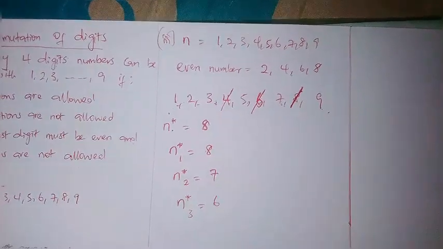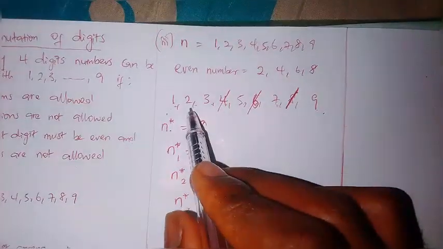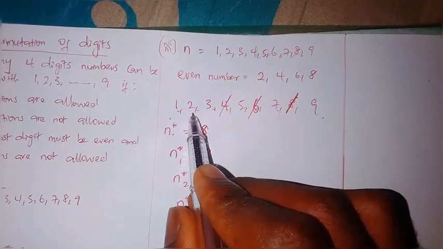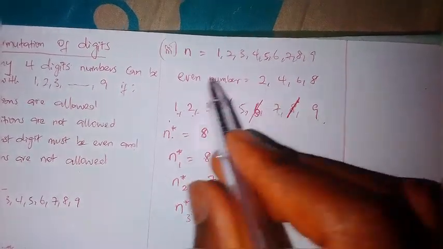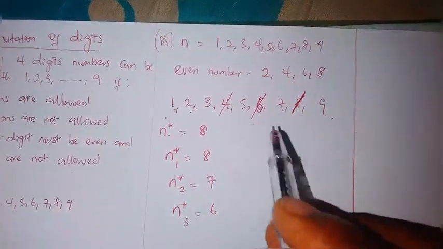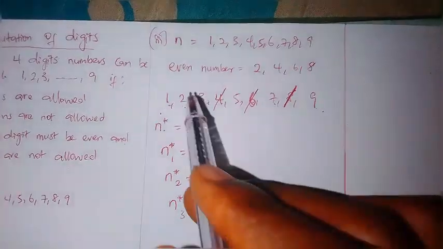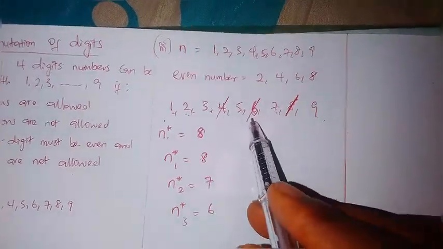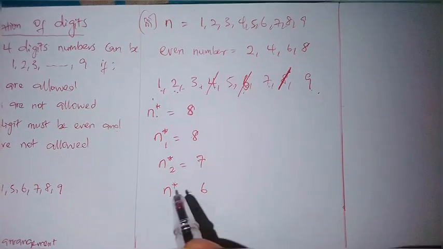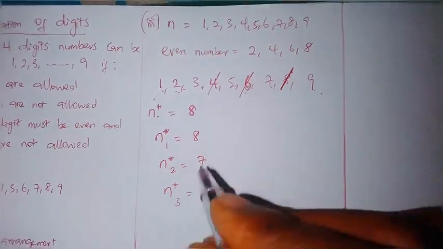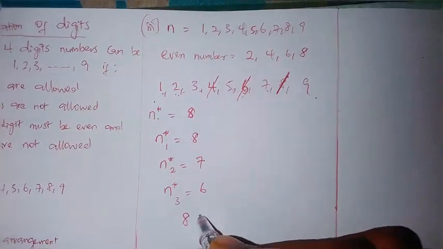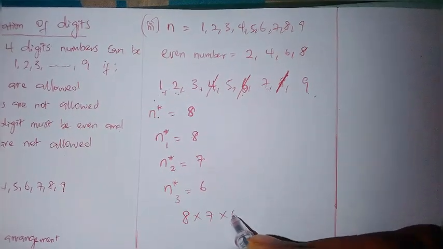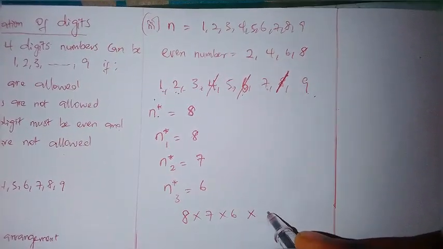So how do we now solve? Very simple. This is the last digit, which is already even. So I don't need to cancel out here again, because after removing all the even digits, I have 2 remaining. If I start from 2, I might have 4 remaining. So we can start from anywhere. Solving now becomes 8 times 7 times 6 times 4.